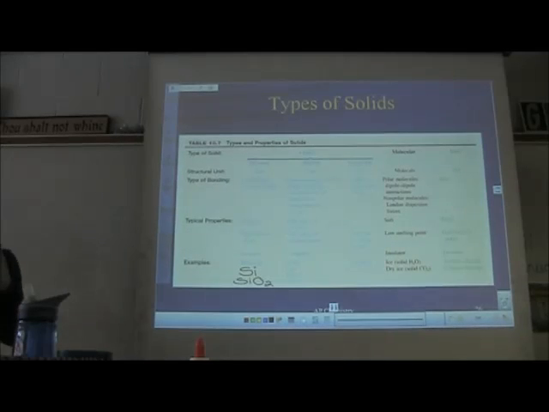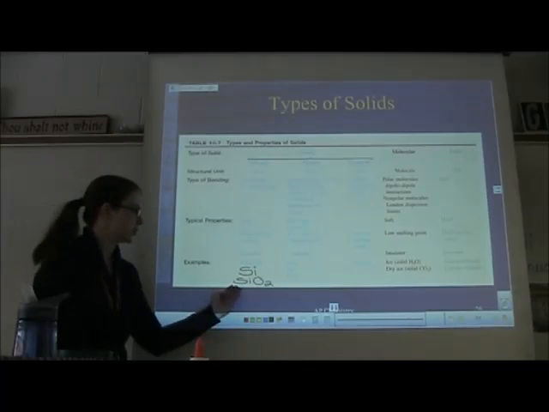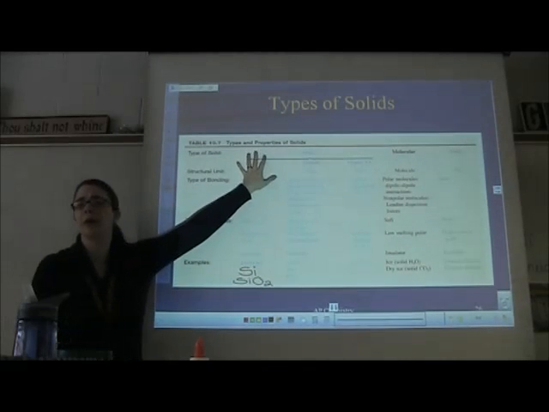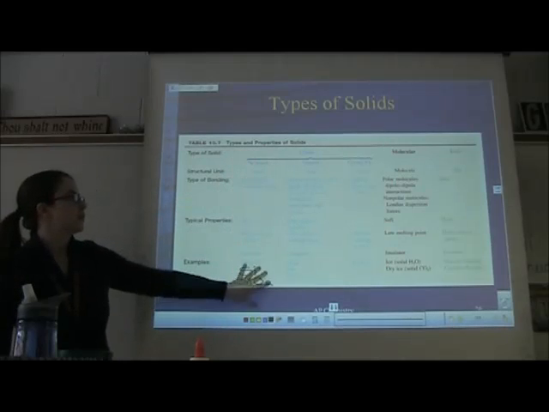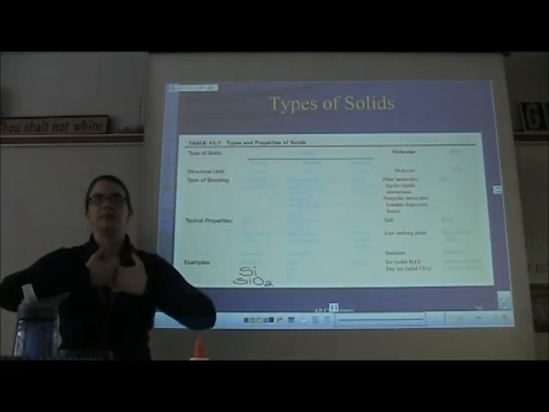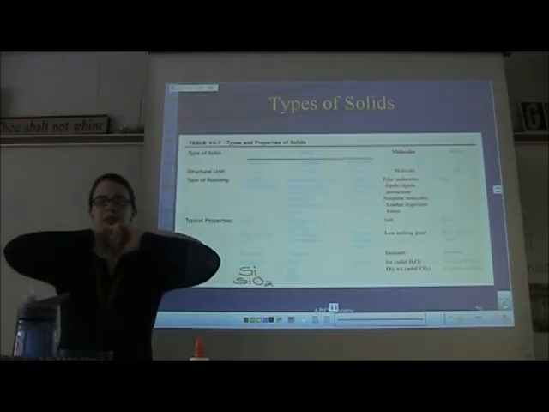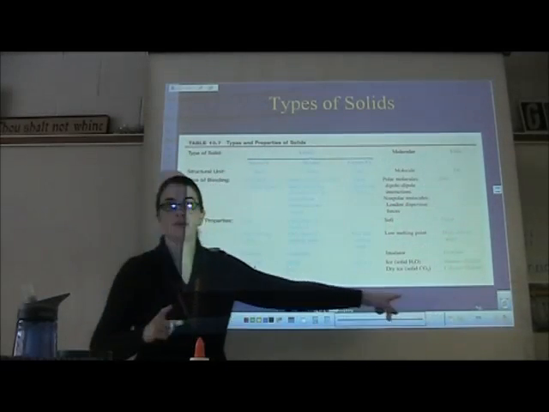Okay? But glass is not a network solid. Silicon dioxide, when it's in its quartz form, is a network solid. And ladies and gentlemen, here's what I want you to know about a network solid. These are the most tightly held solids on this chart, even tighter than ionics.